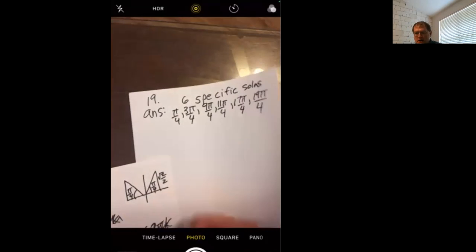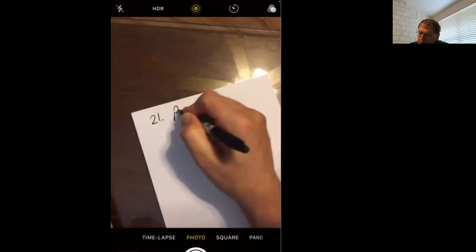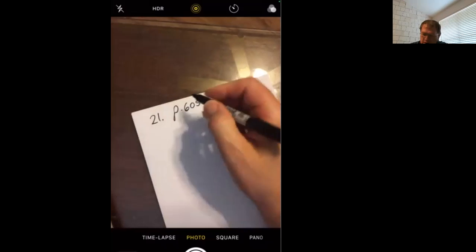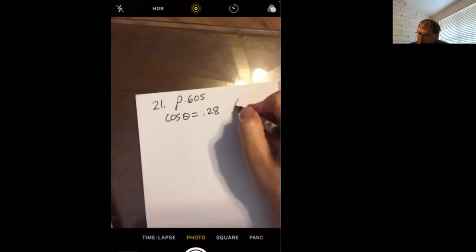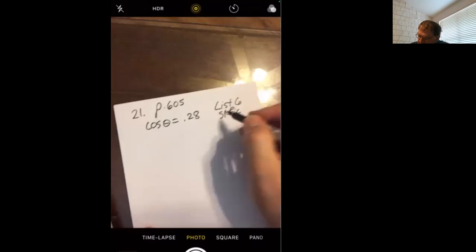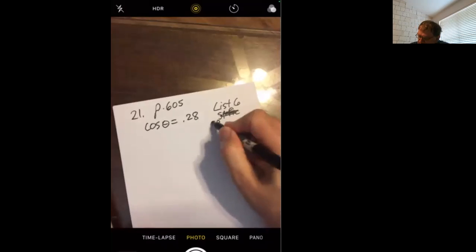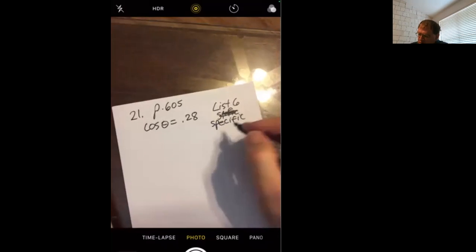Now let's try 21. Page 605, cosine theta equals 0.28. List 6 specific solutions.